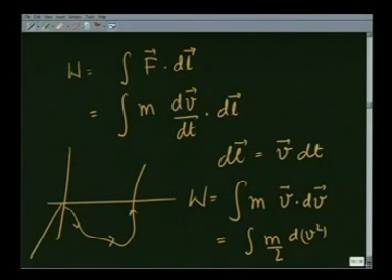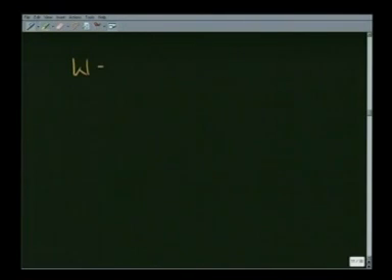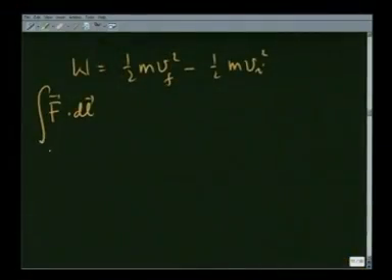When integrated over, it gives me work is equal to half m v final square minus 1/2 m v initial square, and work as defined is F dot dl, moving over a curve C from point 1 to point 2, is equal to delta KE.